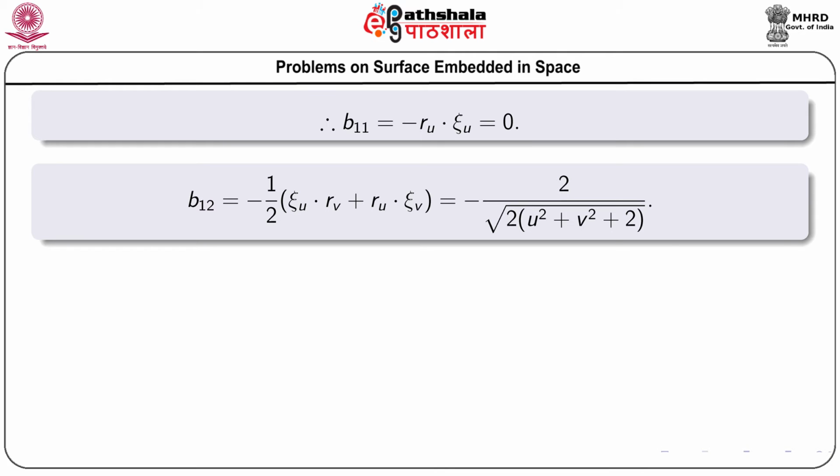B12, from the definition of the coefficient of second fundamental form, is equal to minus half of (xi u dot Rv plus Ru dot xi v), and that will come to minus 2 by root over (2 (u square plus v square plus 2)).